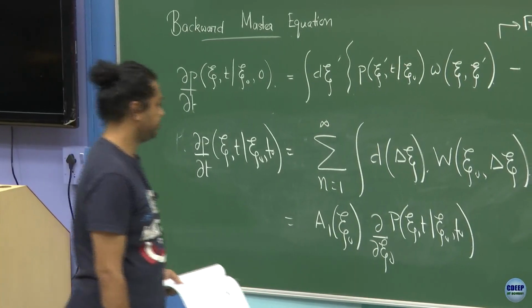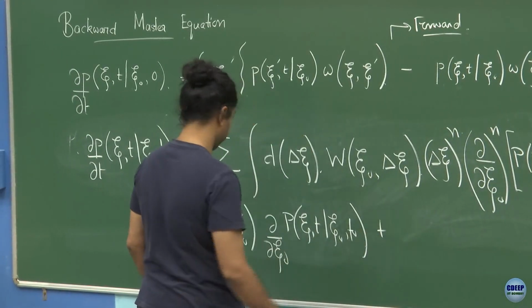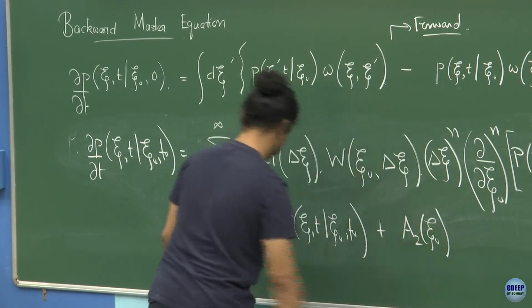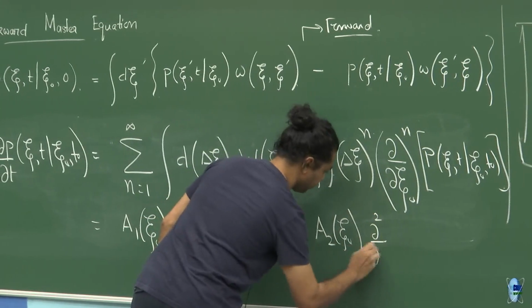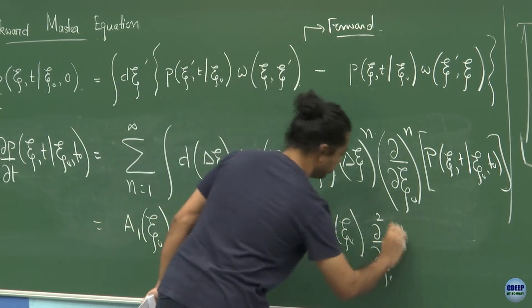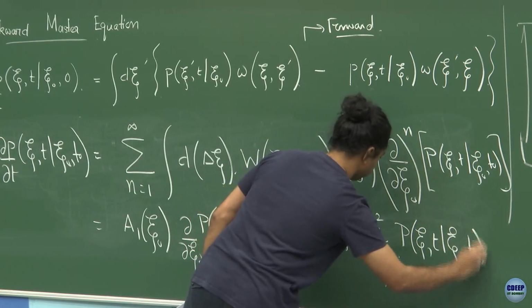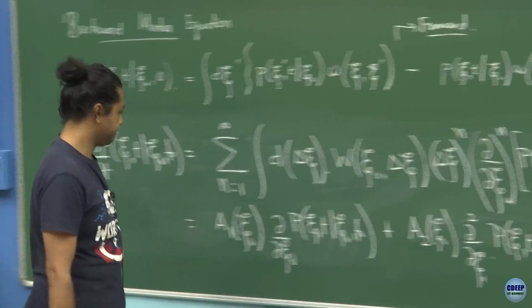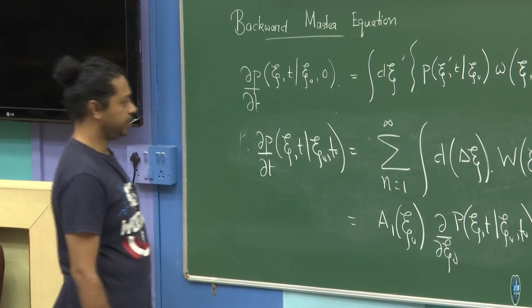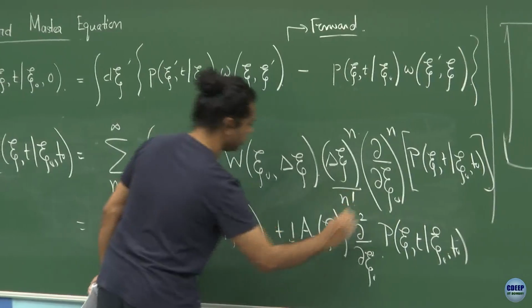And then there is A2 of ξ₀, ∂²/∂ξ₀² of P, with a half, since this is essentially n factorial. I missed that, sorry.